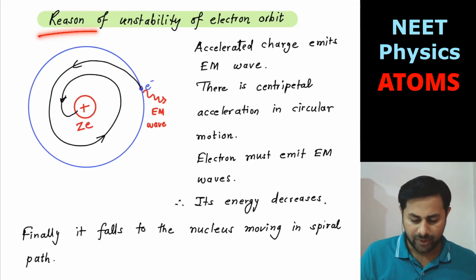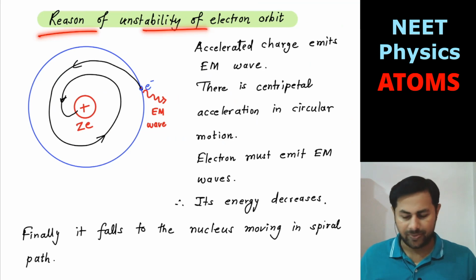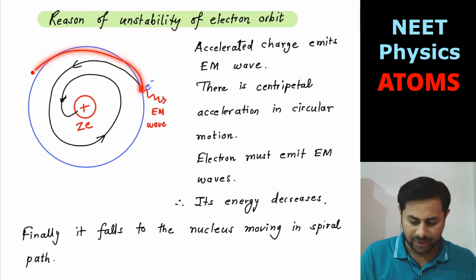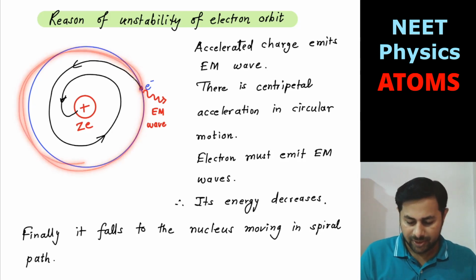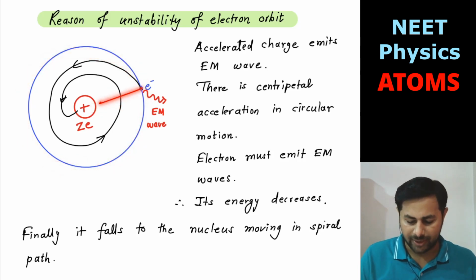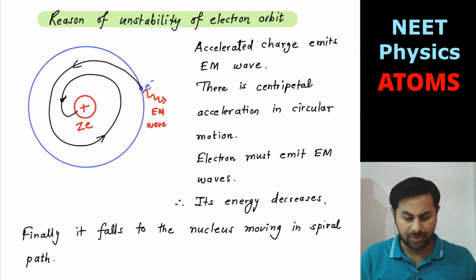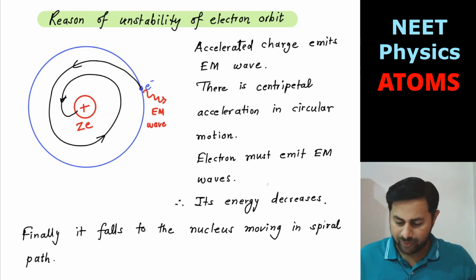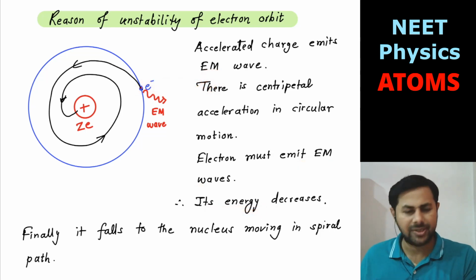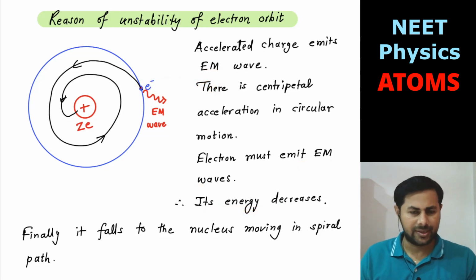So see, first one, the reason for instability of an electron orbit. This is an electron, it is in acceleration, right. It is performing circular motion, which means there is centripetal acceleration or centripetal force acting on the electron. So this is accelerated motion, and according to the electromagnetic wave theory, it must emit EM waves, okay. So if it emits electromagnetic waves, what will happen?